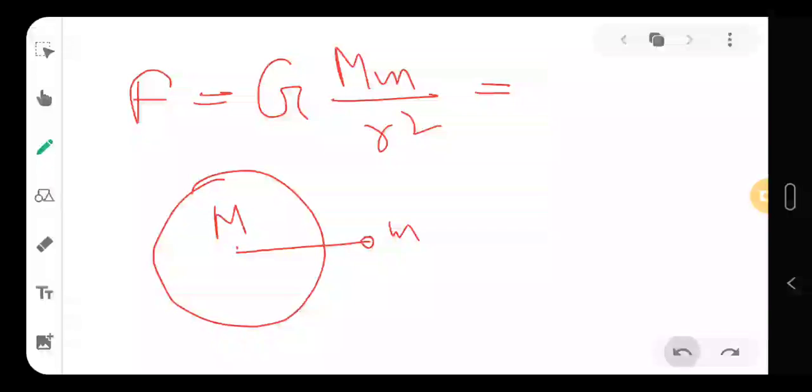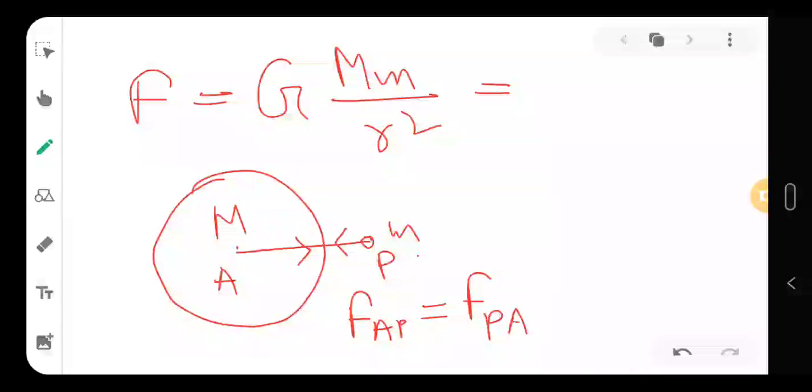The force given by the Earth on the small object m will be this way, and the small object m will also attract Earth, so the pull will be this way. If I name the points, Earth has force AP, whereas the force given by small m is PA. So the forces are equal but opposite in direction.